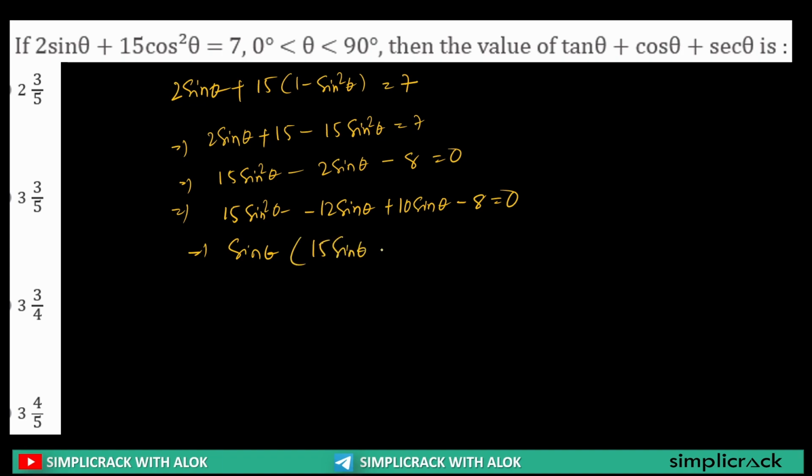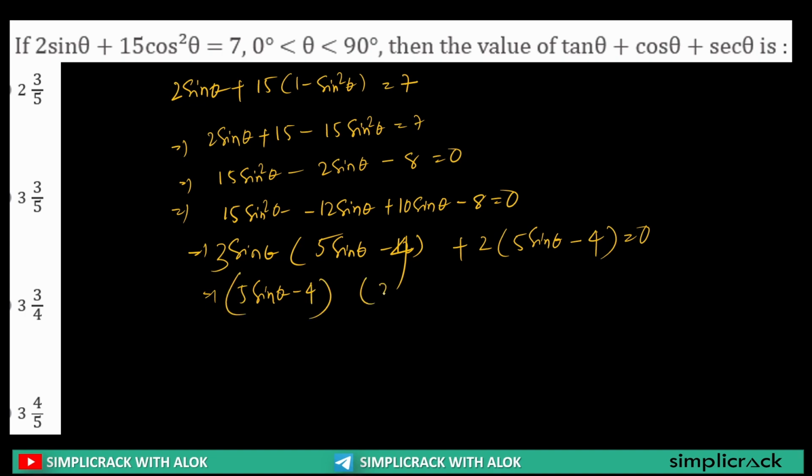Taking common, 3 sin theta times 5 sin theta minus 4, plus 2 times 5 sin theta minus 4, is equal to 0. So 5 sin theta minus 4 into 3 sin theta plus 2.